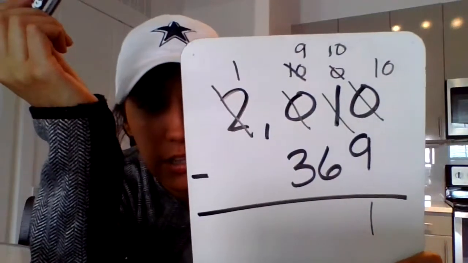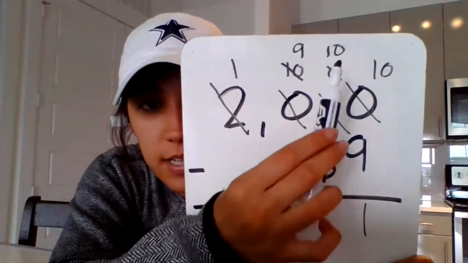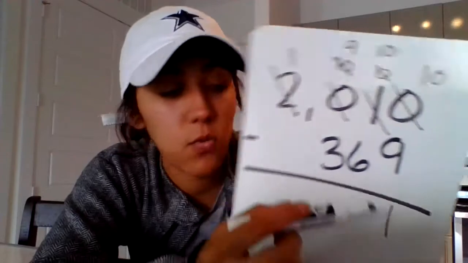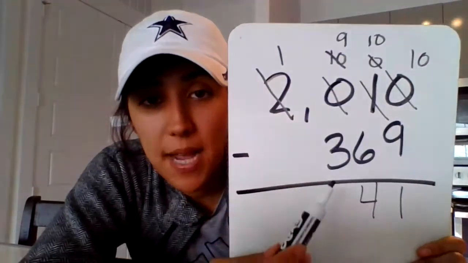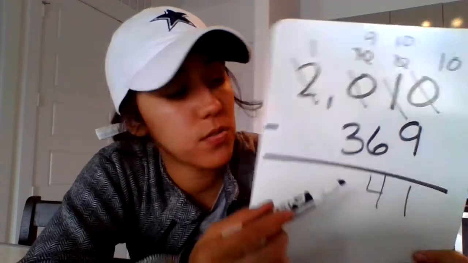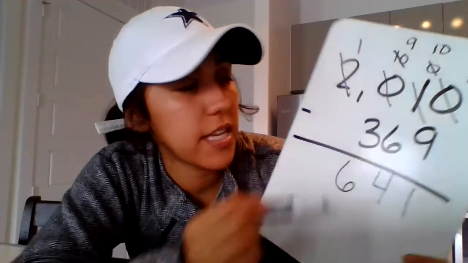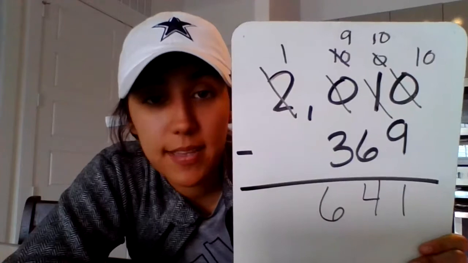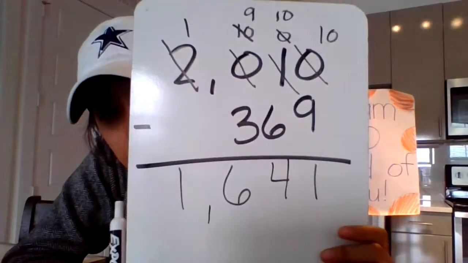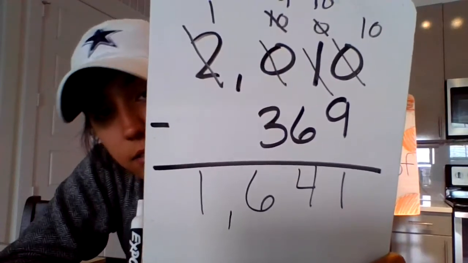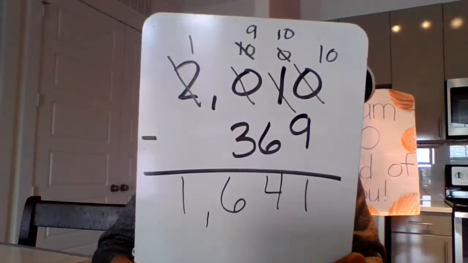And this is what it should look like. 10 minus 6 equals 4. 9 minus 3 equals 6. And 1 minus nothing equals 1. Boys and girls, your final answer and your missing part is 1,641.